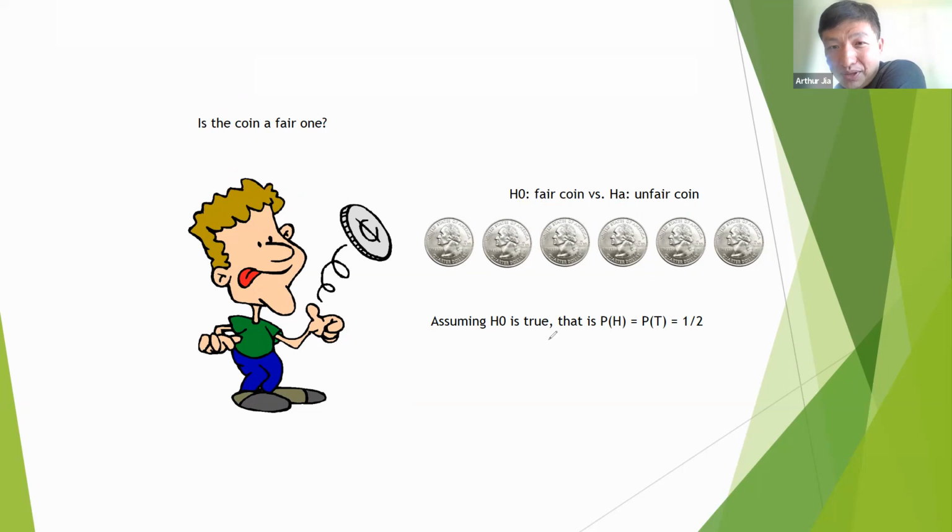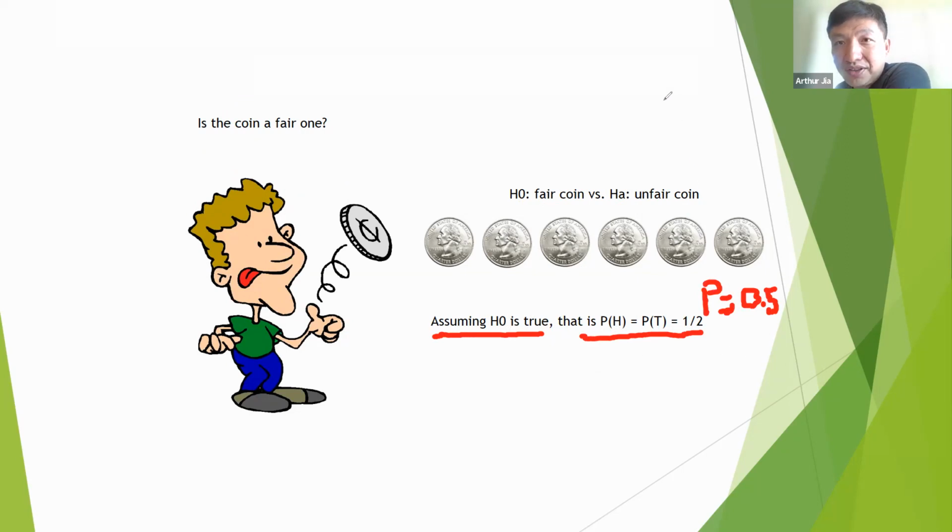So for example, we always assume the null hypothesis is true. Given this null hypothesis, we can easily get the parameter equal to 0.5, right? Here we only have one parameter, which is the probability of success, or the head.